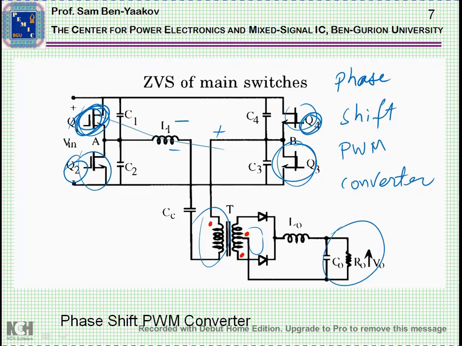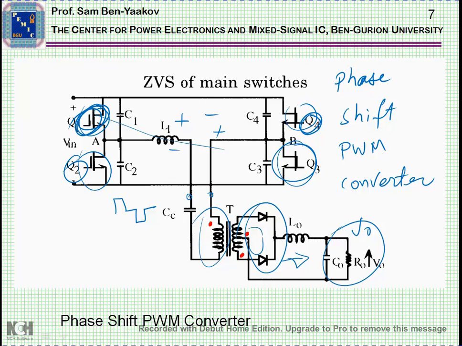So we'll generate a voltage of this kind. Therefore, we are going to have between these points a square wave, which is then rectified here, fed to this filter section, and generating Vout. This will be the regular bridge, which is hard switched and has all these drawbacks that I have mentioned.